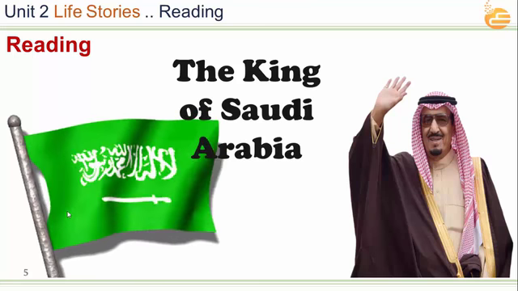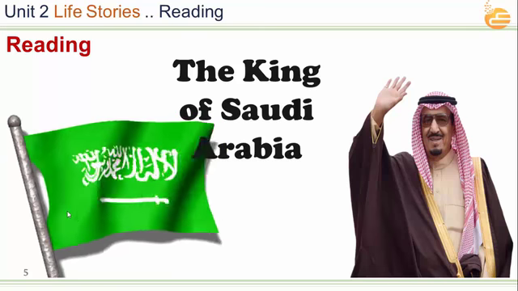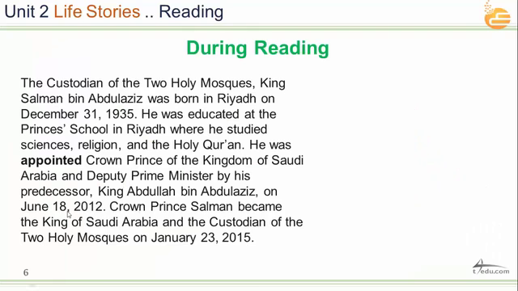Page 18, Reading. The King of Saudi Arabia. The custodian of the two holy mosques, King Salman bin Abdulaziz, was born in Riyadh on December 31st, 1935. He was educated at the Prince's School in Riyadh, where he studied sciences, religion, and the Holy Quran.